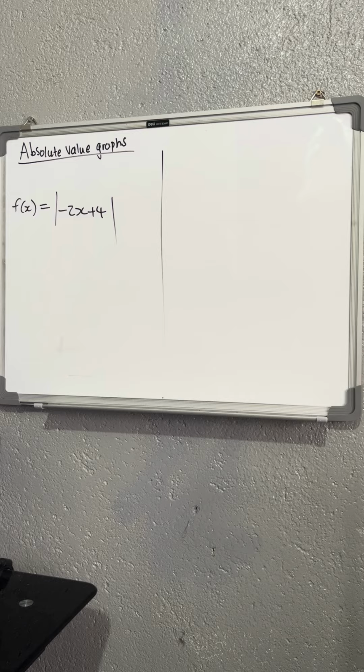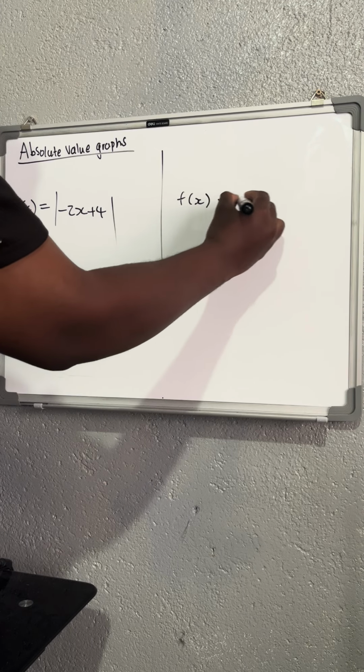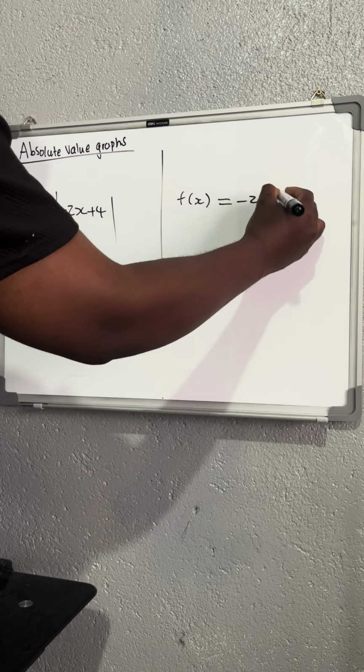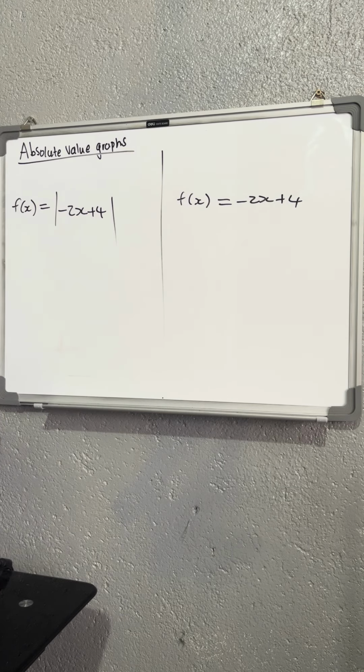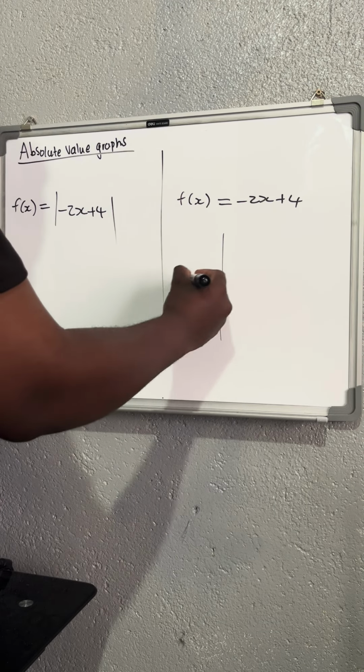As normal, we come and write it this side, and we only take the internal part of the equation, and we know this one is still a linear.